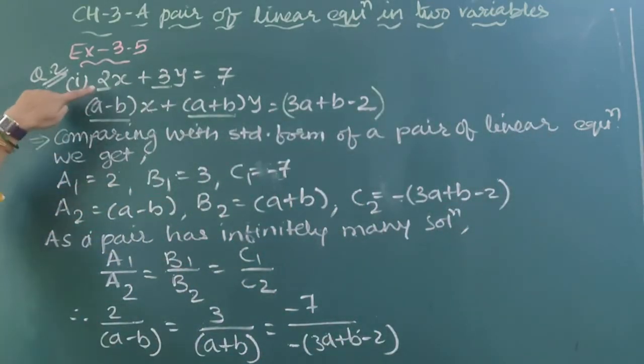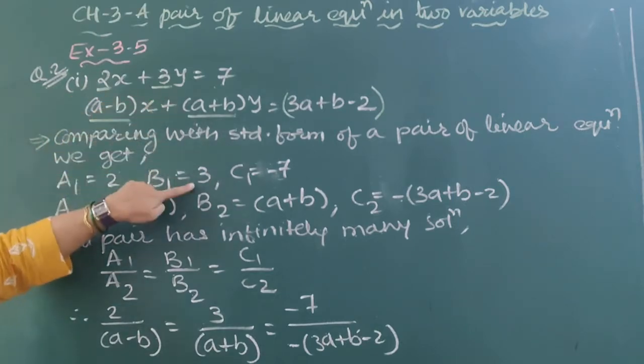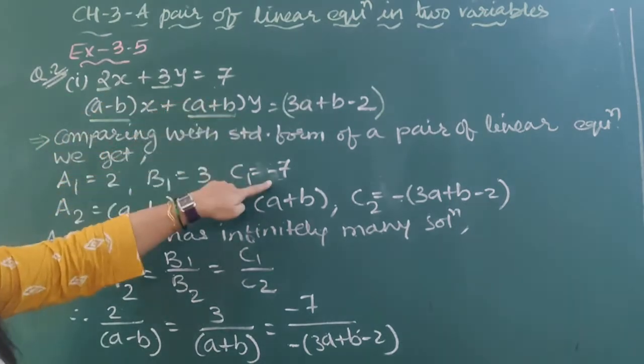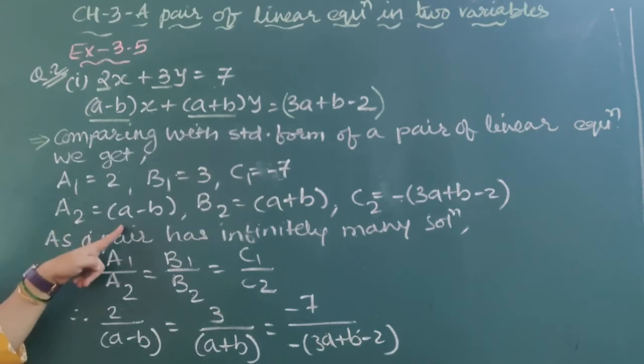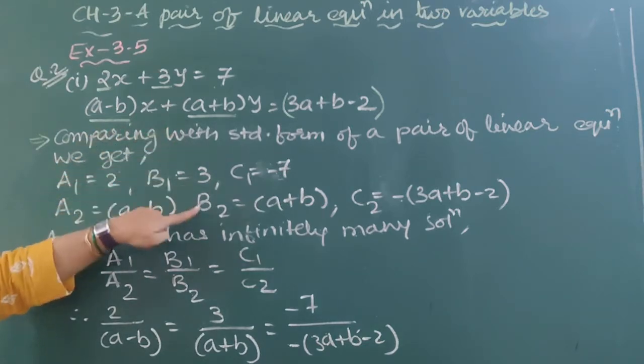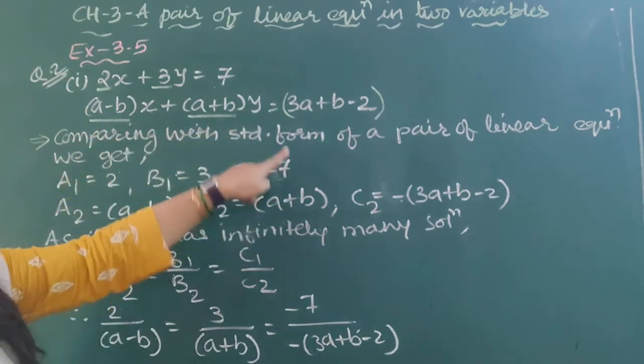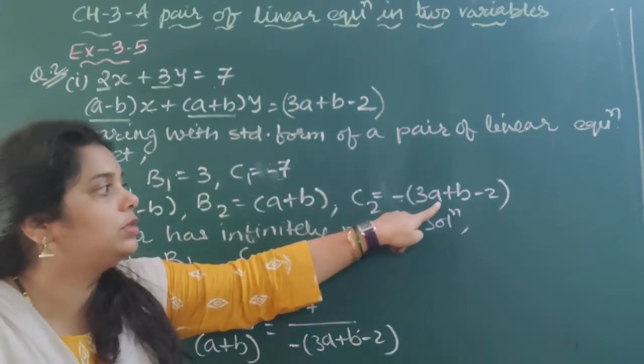So here A1 is 2, capital B1 is 3, and C1 is minus 7. Similarly, A2 is a minus b, B2 is a plus b, and C2 is minus into the whole (3a plus b minus 2).